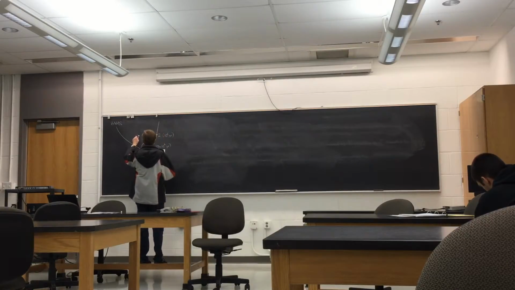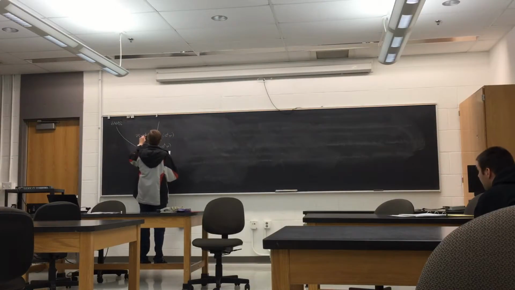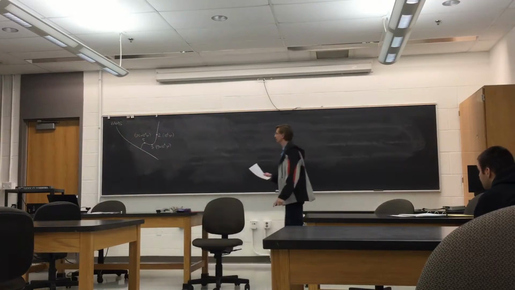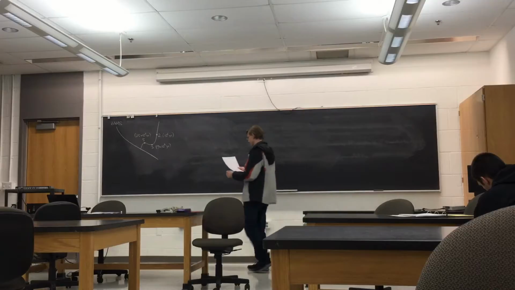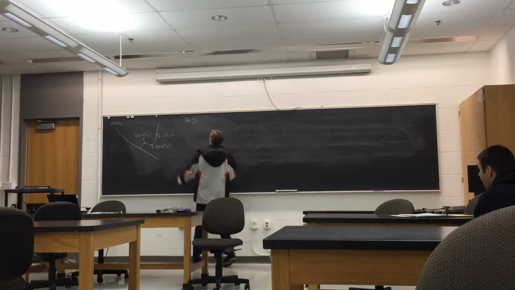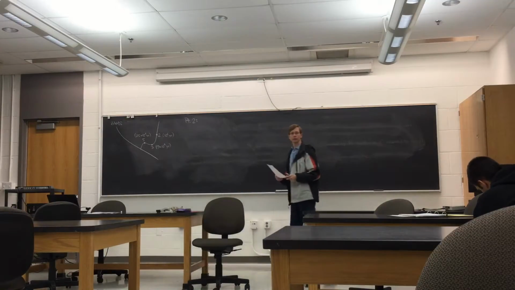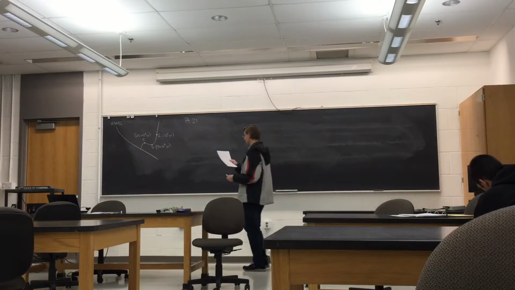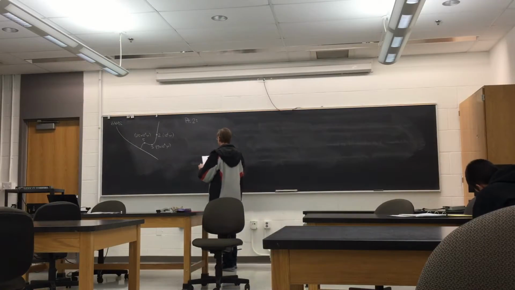And point 5 is 25 million years from the start of collapse. So let's talk about these interesting points along the way. Point 2, protostars fully convective during the first million years of collapse.